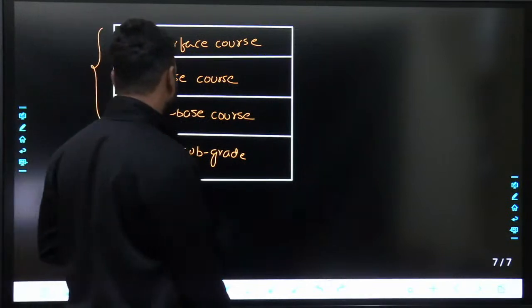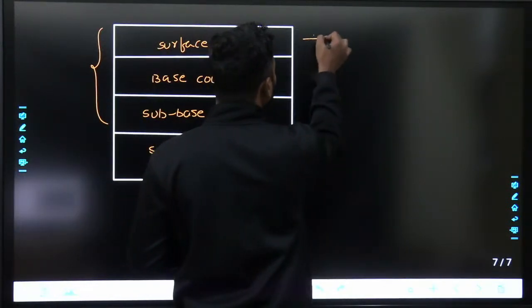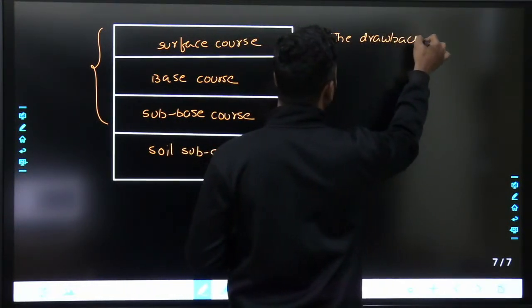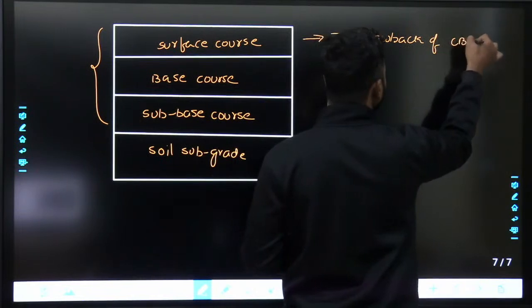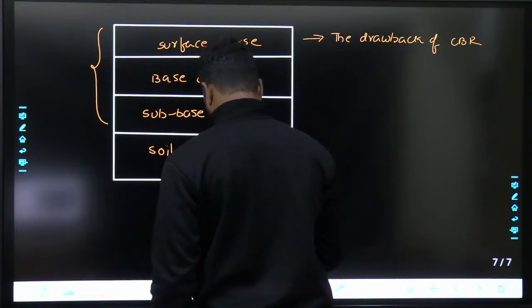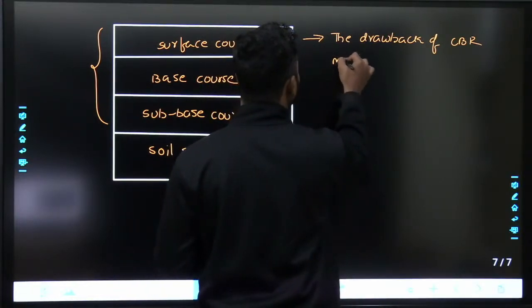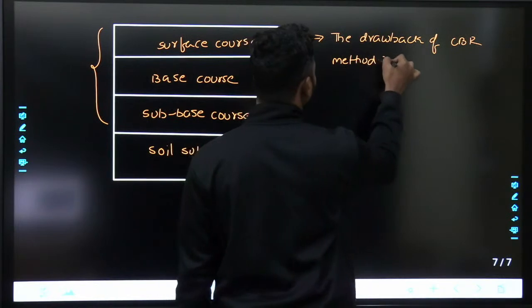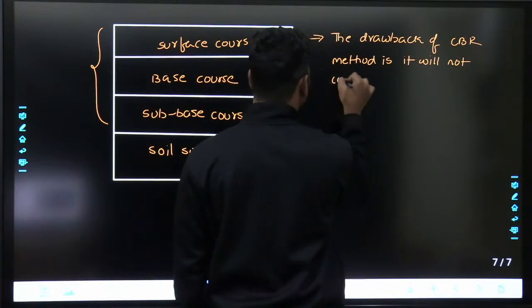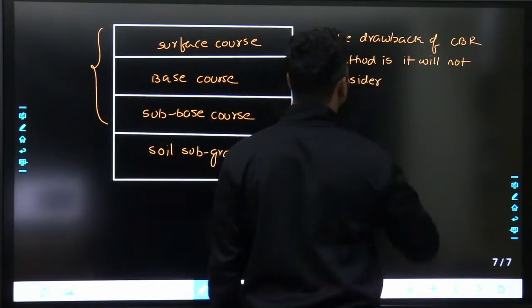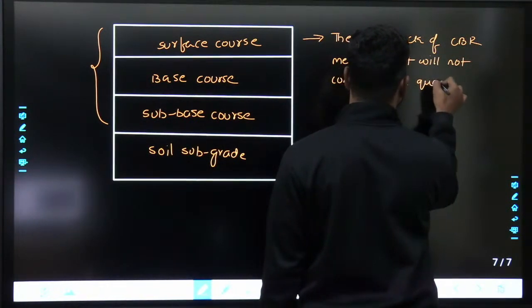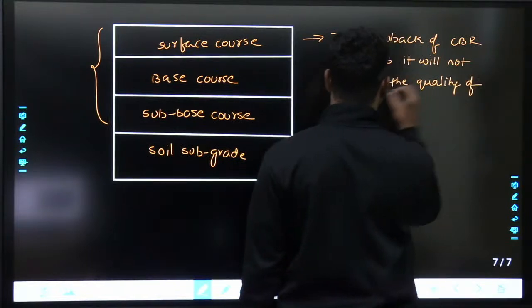Okay. So, the drawback of the CBR method is that it will not consider the quality of the material.